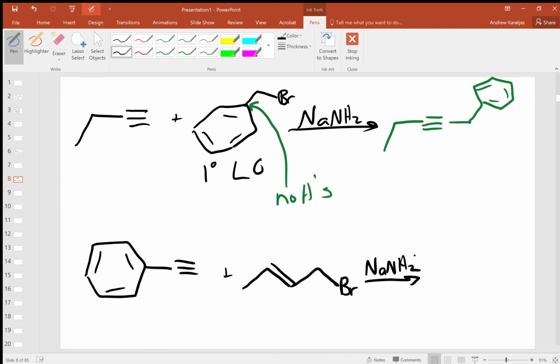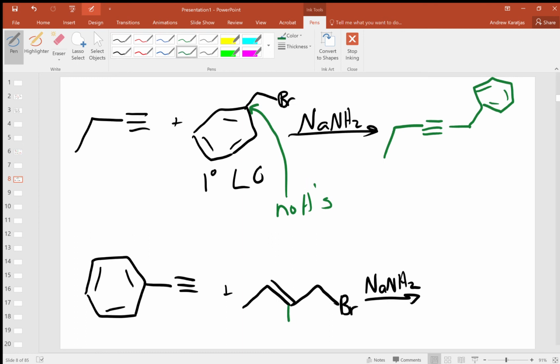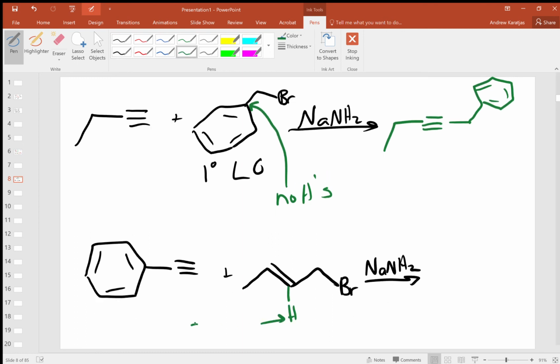One like this would also work well because, again, it's primary, and in this case the adjacent hydrogen, while it's there, is on an sp2 carbon, and it turns out that those are not as easily removed.